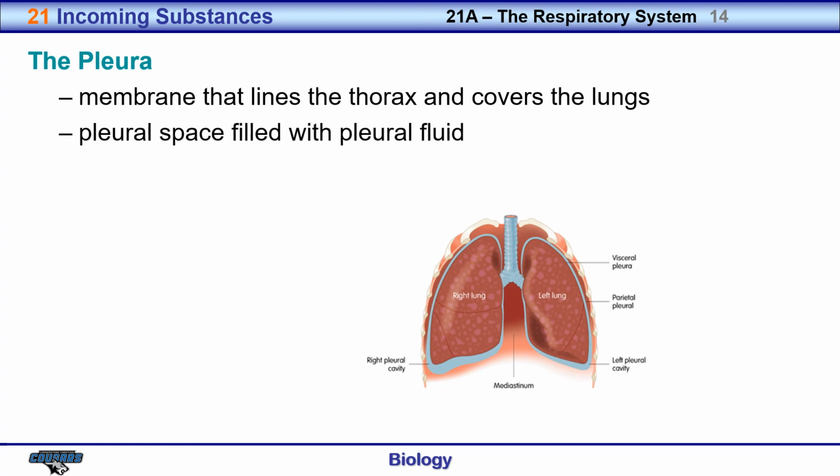So in between these two layers is called a pleural space, and it's filled with a pleural fluid. And then we talked about pleurisy, which is if you have an inflammation of that.